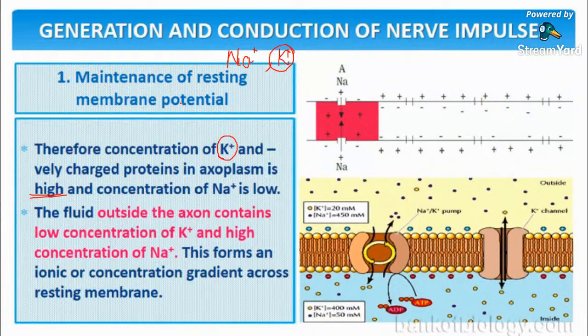But in the case of nerve impulse conduction, since the number of sodium outside the membrane is higher, we consider sodium as positive and potassium as negative. This might sometimes create confusion in some of your minds.